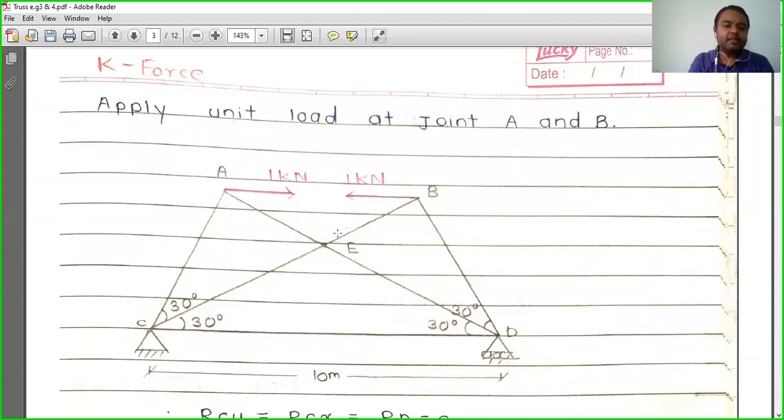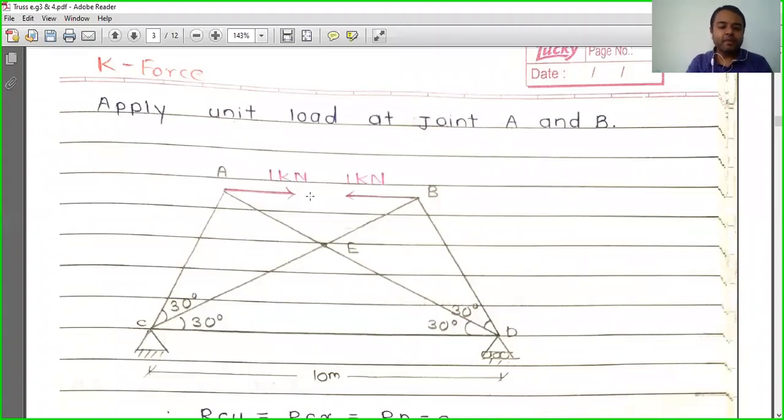Next, provide a unit tensile force in the redundant member, or you can say the unknown member. In this example, we have treated member AB as the unknown member, so in this member AB, provide a unit tensile force. 1 Newton we have applied as tensile.